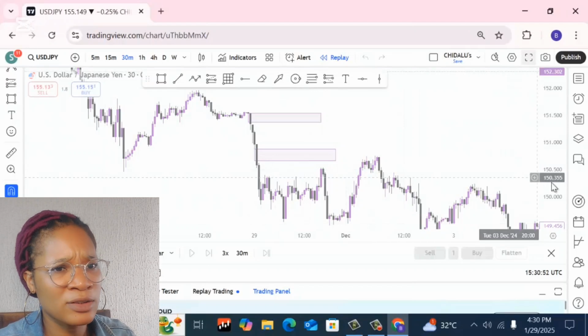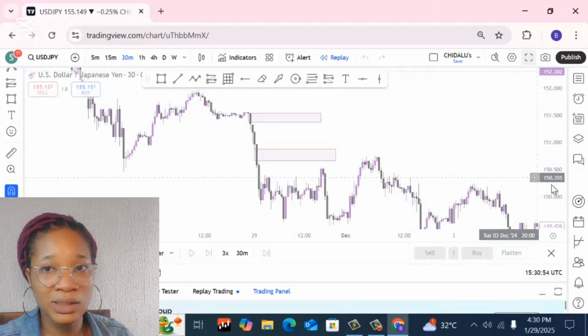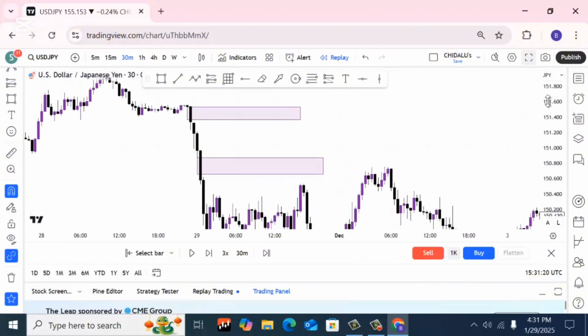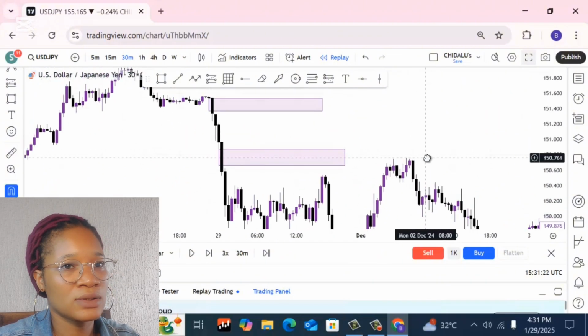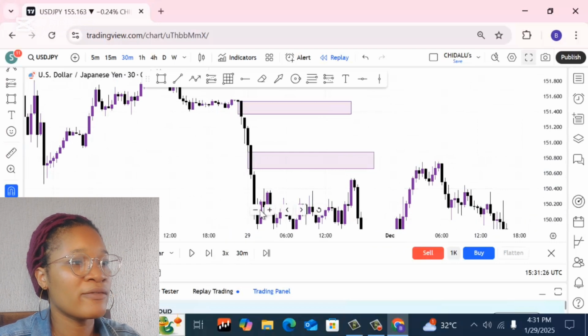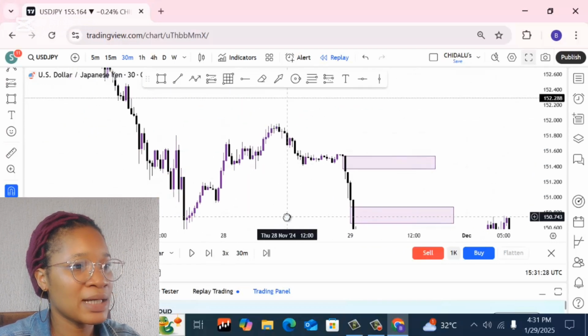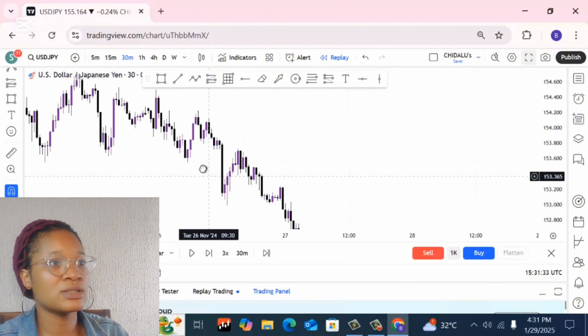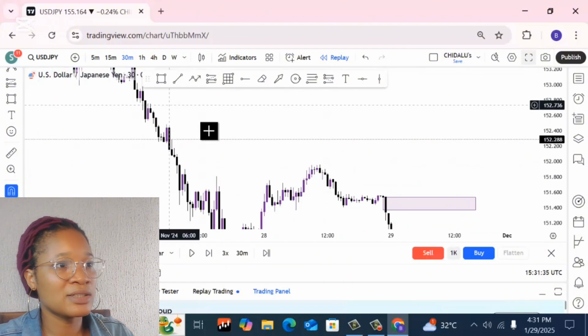So let's see if I can zoom this out a bit so that you can see what it is. Okay, I think it's okay right here. So remember, we have established that price is in a downtrend. It's coming from a resistance zone. You can see it right there.